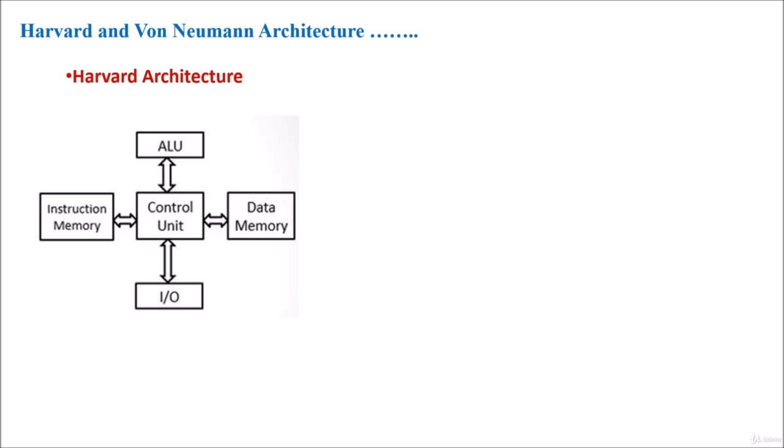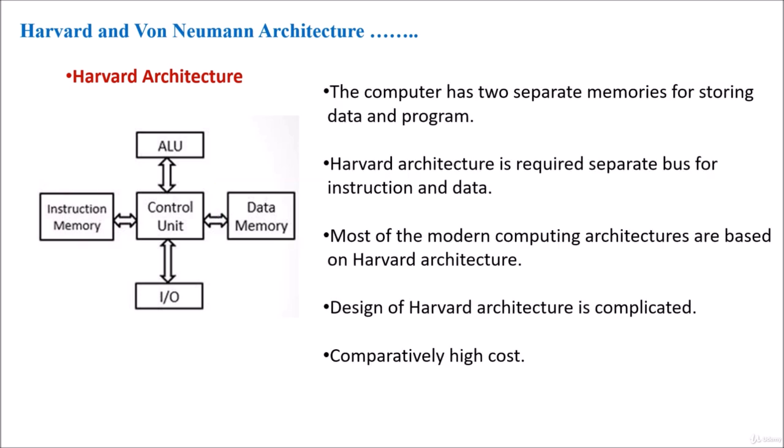Harvard architecture has two separate memory blocks. One memory block is to store the instruction, which is called as the instruction memory, and second memory block is used to store data, which is called as a data memory block. There are two separate buses to interface instruction memory and data memory.